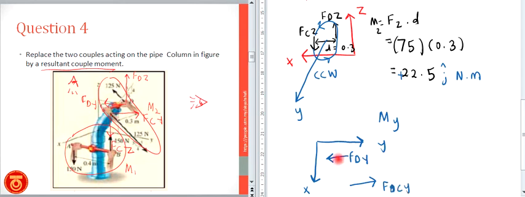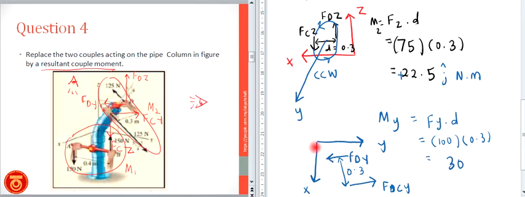The distance between these is 0.3 also. So My equals Fy dot D. Fy is 100, D is 0.3. So you will have 30. Okay, this is the magnitude.